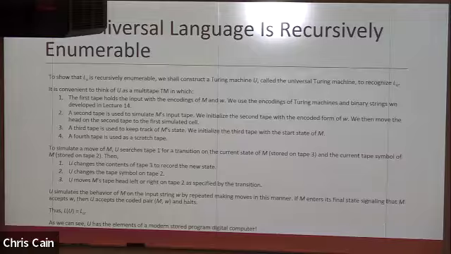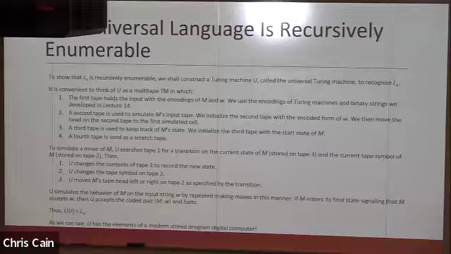We needed the ability to reprogram a Turing machine to recognize and emulate another Turing machine and determine whether that other Turing machine accepted a particular input string. And from the process on the slide, we can see that we are able to fully do that. So we were able to show that it is recursively enumerable.